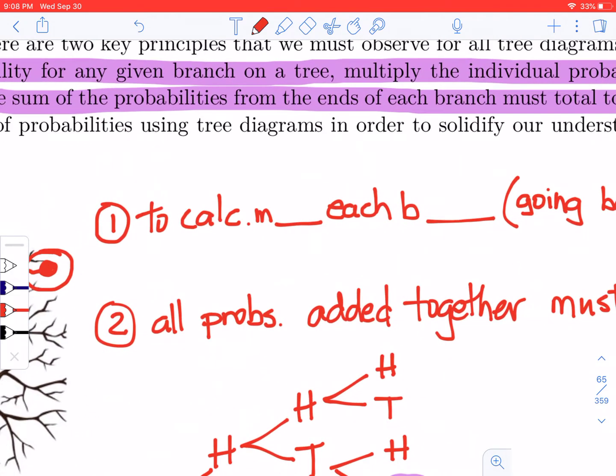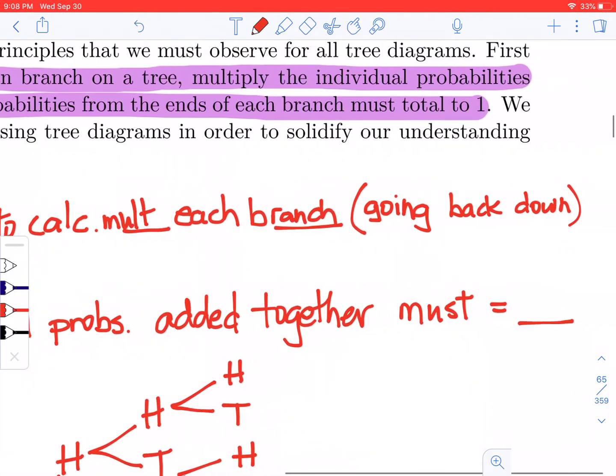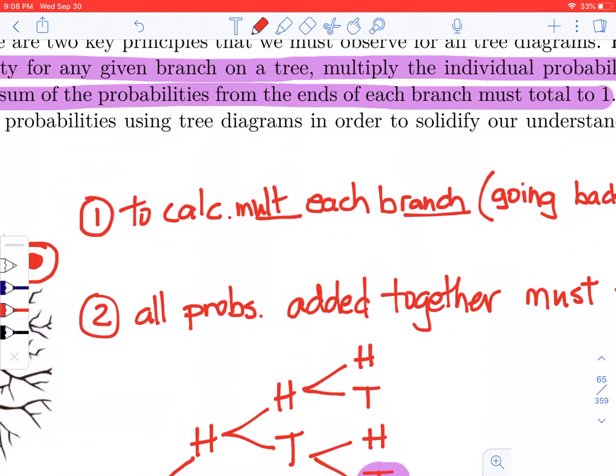So let's write that up. To calculate, multiply each branch going back down the tree.